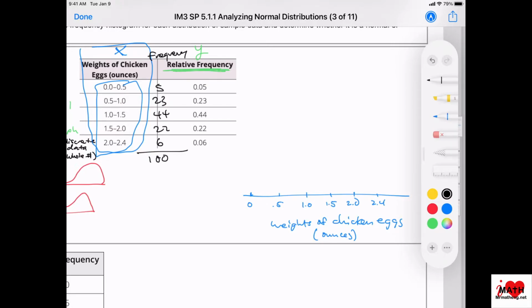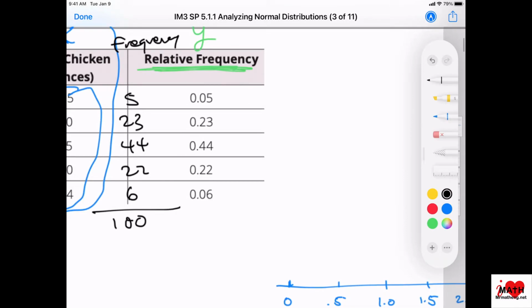If you add all those up, they should equal 100 eggs. So 5 over 100 would give you the 5%. This one would be 23 over 100, and so on. Again, I'm making up the numbers in this problem. They didn't give us a total, but that's how you get the decimal.